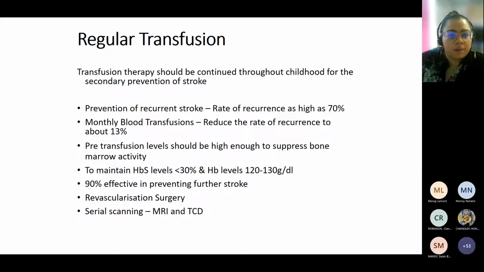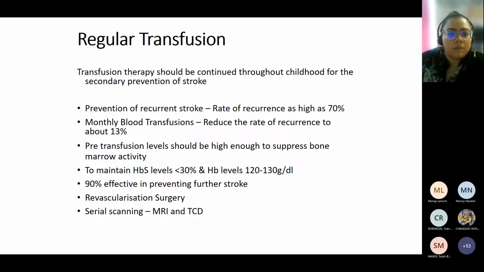So regular transfusion therapy, what we mean by this is that transfusion therapy should be continued throughout childhood for secondary stroke prevention, and we also use it for primary stroke prevention, but we are more readily using hydroxyurea for those with abnormal TCDs, as opposed to putting patients straight onto a transfusion program, unless their TCDs are high abnormal, then we might think this needs a more severe intervention.